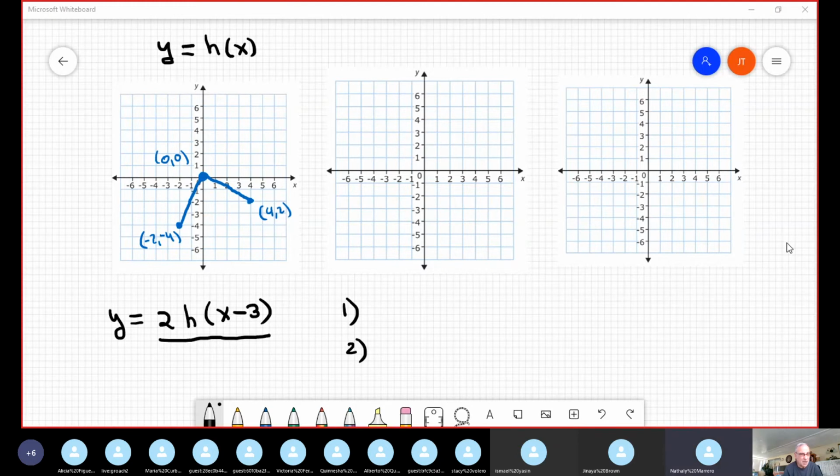So a horizontal shift to the right, 3 units to the right. This is the first transformation that you should do, because it's x minus 3 inside the parenthesis, no? And we're doing this transformation here.